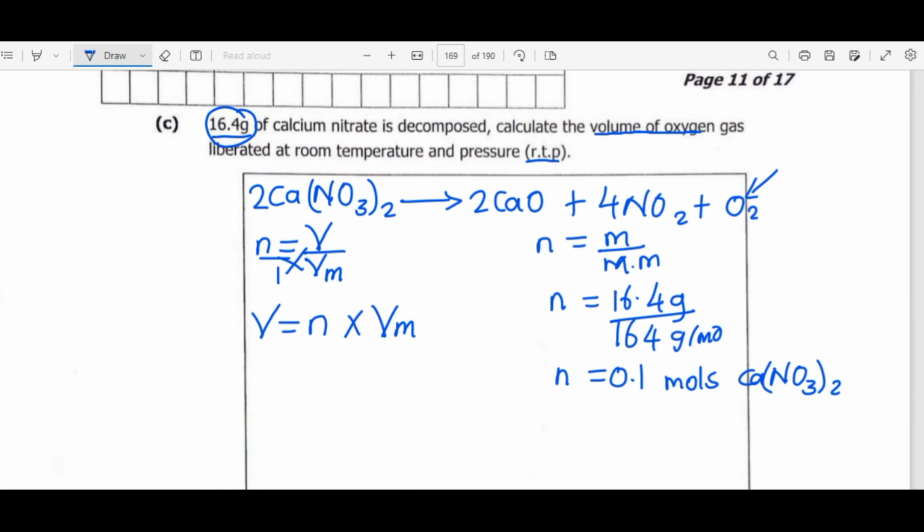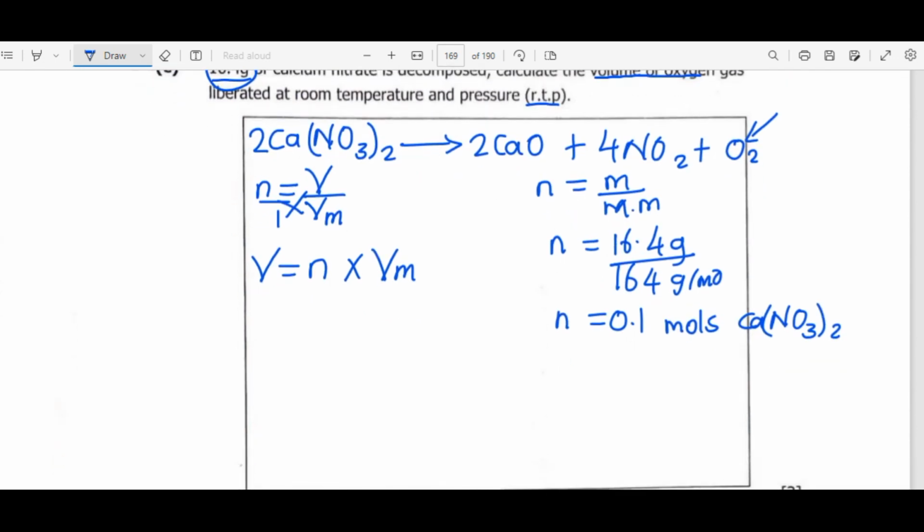Now after we are done finding the number of moles of this, how can we use the number of moles for calcium nitrate to find the number of moles for oxygen? So we bring in now the mole to mole ratio. So what I'm going to do is write calcium nitrate here, then I'm going to put oxygen.